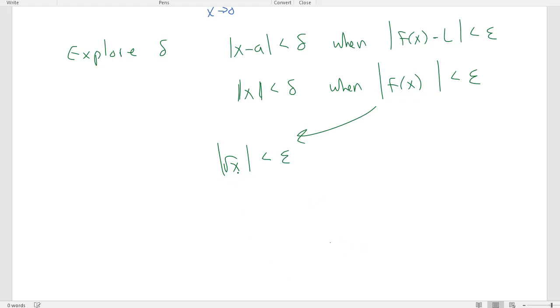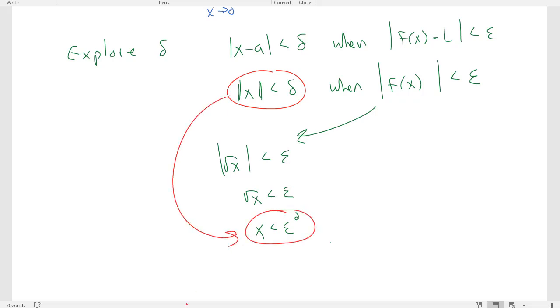Keep in mind, the things that come out of the root are positive, this is our principal root, so I don't really need the absolute values in this case. To solve for x, I'm going to square both sides, and we get this value. Looking at the equations, we can see that for x to be less than delta, we need x to be less than epsilon squared.